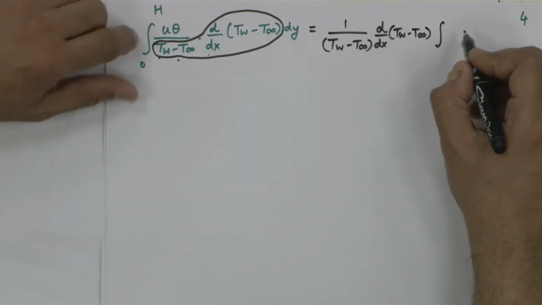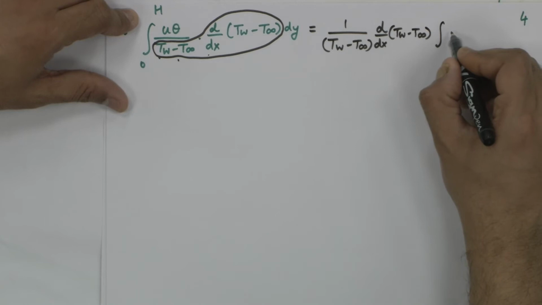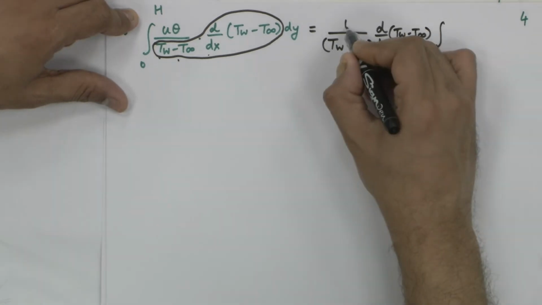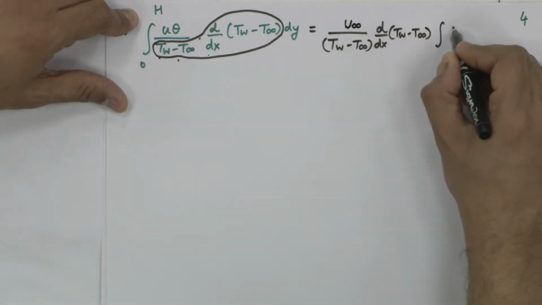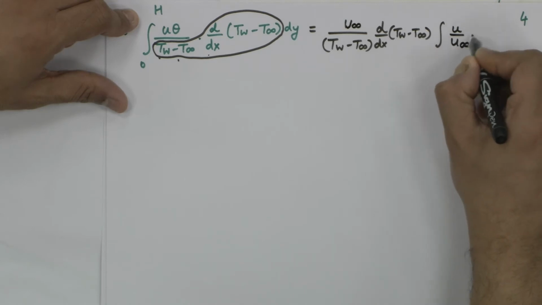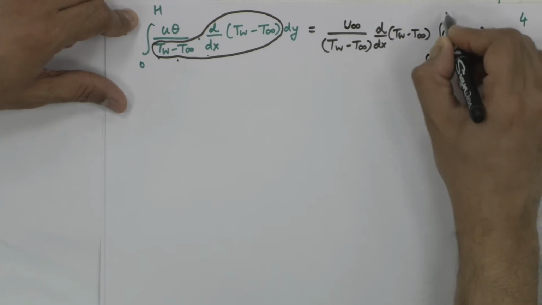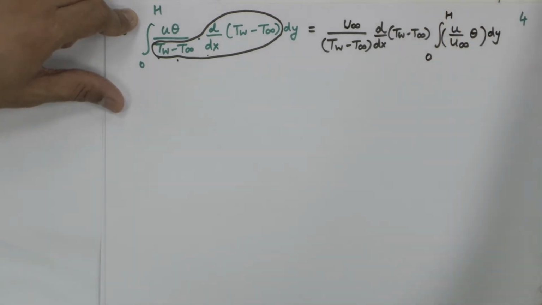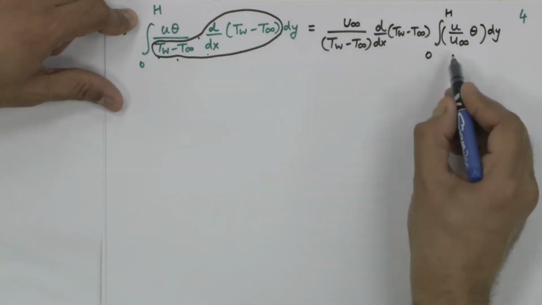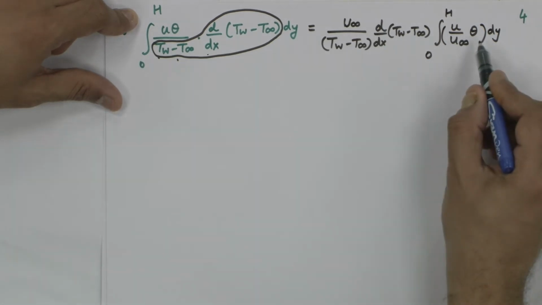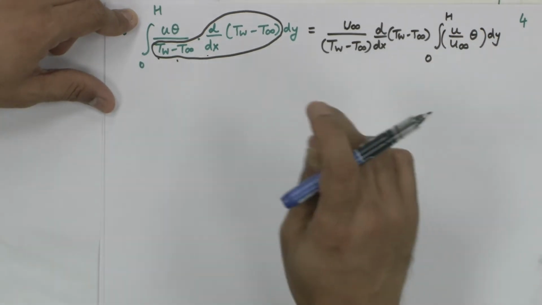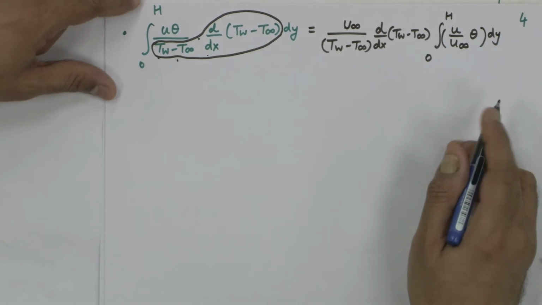U theta, I multiply and divide by u infinity. So, u infinity, integral 0 to capital H of u by u infinity theta dy. I hope you understood. Multiplied and divided by u infinity, theta as it is, this whole thing is coming out because it is only a function of y.